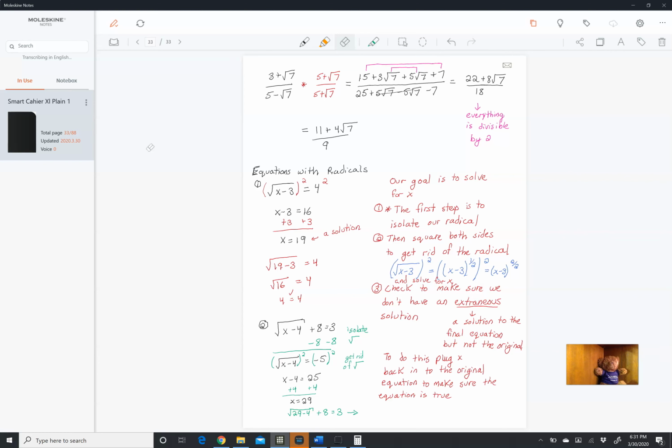I think it's better to put it here. So we have the square root of 25 plus 8 is equal to 3, which gives us that 5 plus 8 is equal to 3. And you probably don't even need this step, but 13 is not equal to 3. So x equals 29 is extraneous. It's not a solution.